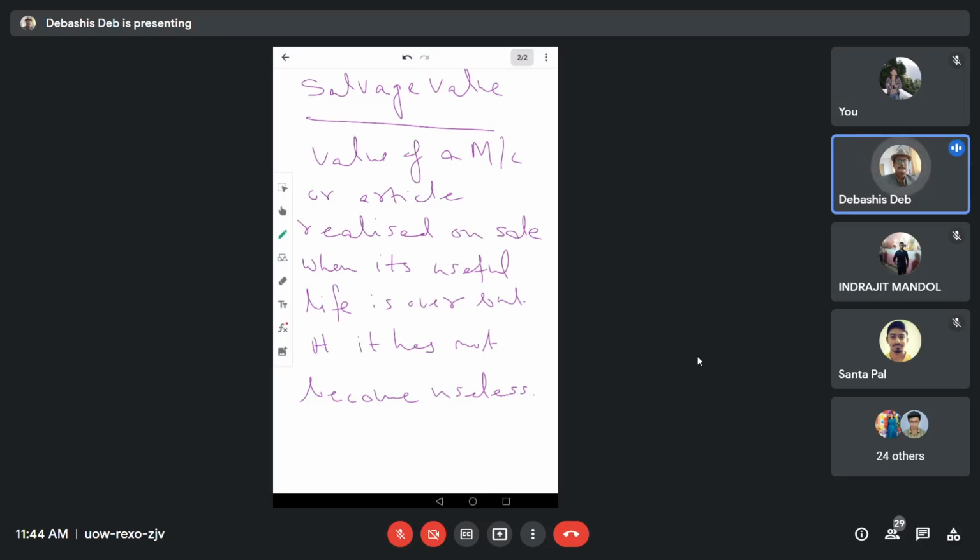Say in case of a vehicle also, if I purchase one SUV just today, as per government's calculation, the maximum lifespan is 10 years. So after 10 years, means in 2032, it will not become junk. It can be used. But after 20 years, definitely it will become junk. It will be of no use.